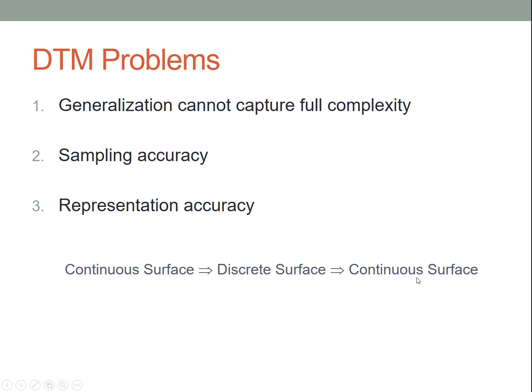And then we have to convert it back to a continuous surface to be able to show the model. So we have data loss and data manipulation happening at every one of these steps. And so this is one of our biggest challenges that we deal with in DTMs, because we have two conversions happening to take our Earth to a model that we can see on the computer or on a paper map.